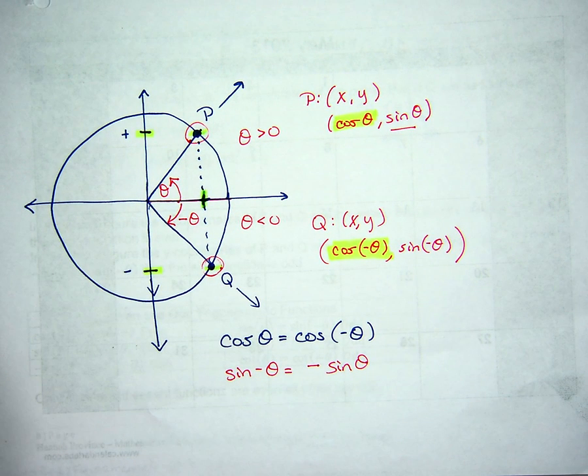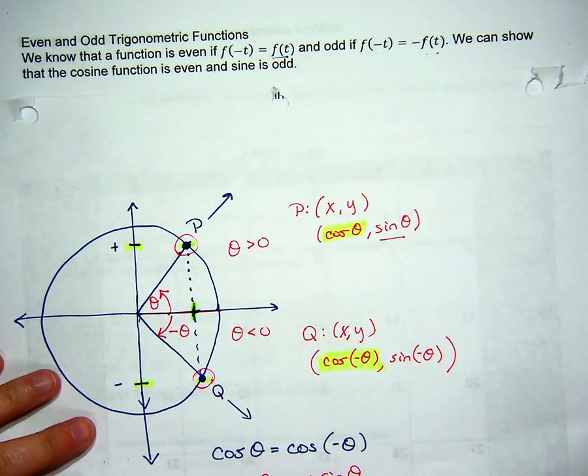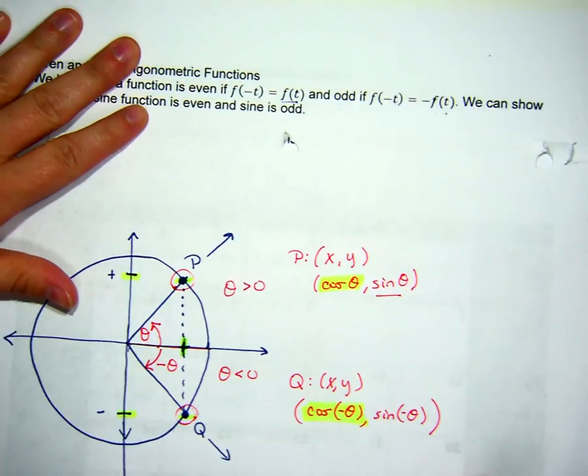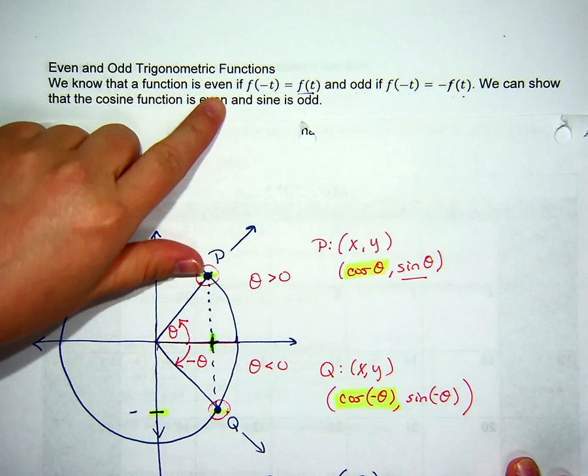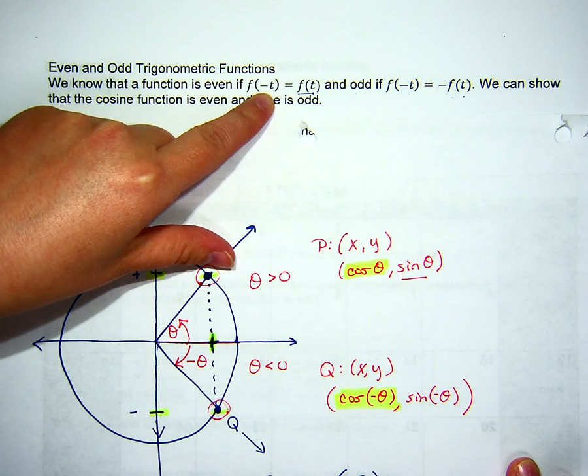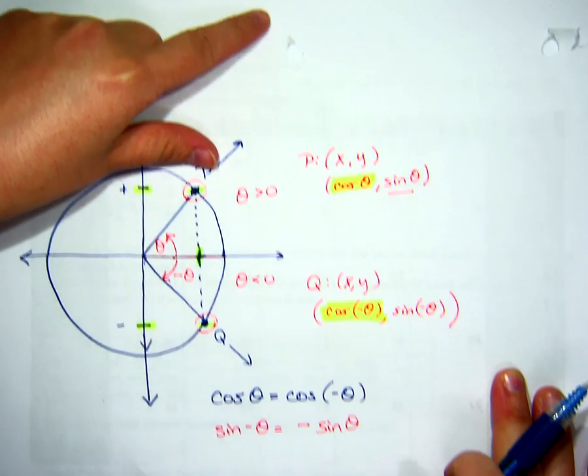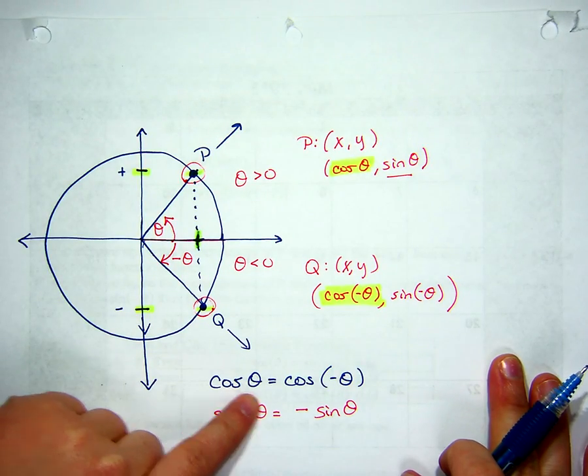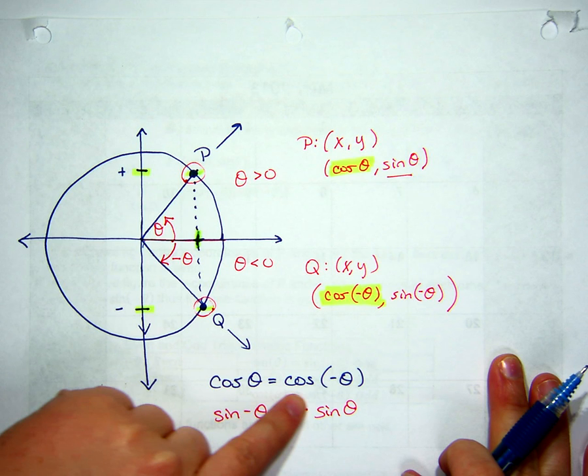Now let's go back to our definitions and see what this means. For a function to be even, the original function is equal to the function evaluated at a negative. Oh, okay. So the original function is equal to the function evaluated at a negative.